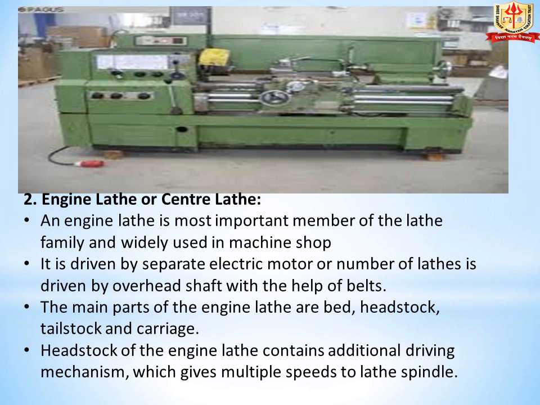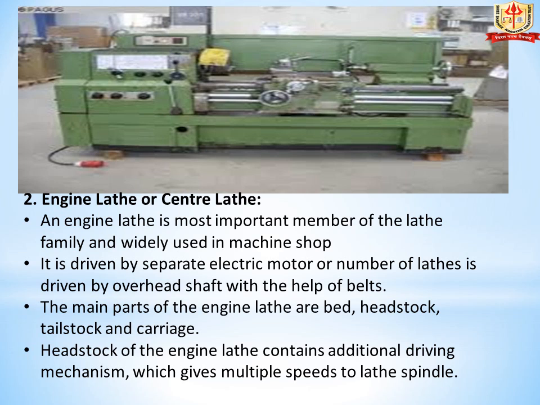Second lathe is the engine lathe or center lathe. Engine lathe or center lathe is actually what we use in our workshop. Then we study the engine or center lathe. First point, an engine lathe is the most important member of the lathe family and widely used in a machine shop.